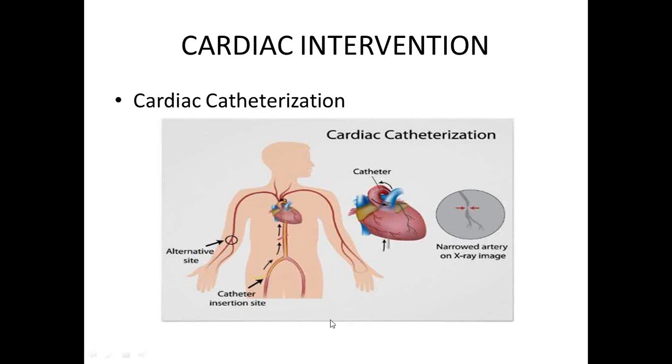With the femoral approach, you have to let the patient lie down for 2 to 4 hours or more, depending on what's going on. With the radial, you put on a TR band, and within an hour or so, the patient can go home. Because it's in the radial artery, the patient can ambulate almost immediately after the procedure.